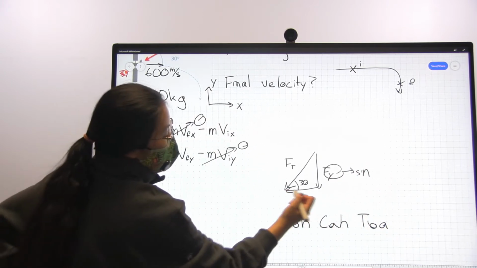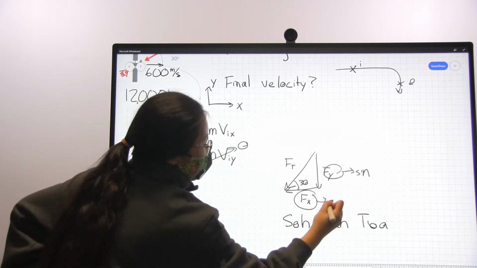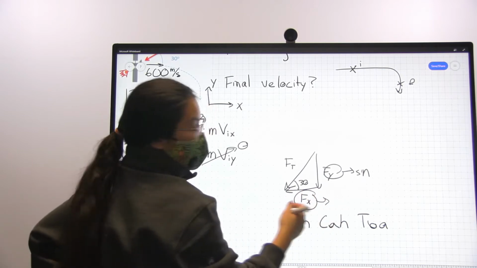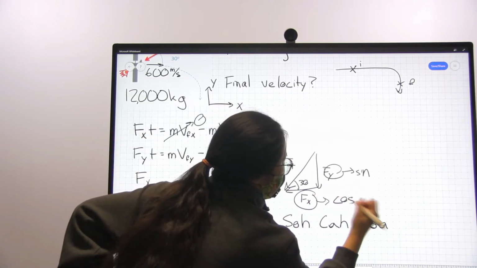And next to, or adjacent to the angle is our F_x, and that's going to be our cosine.